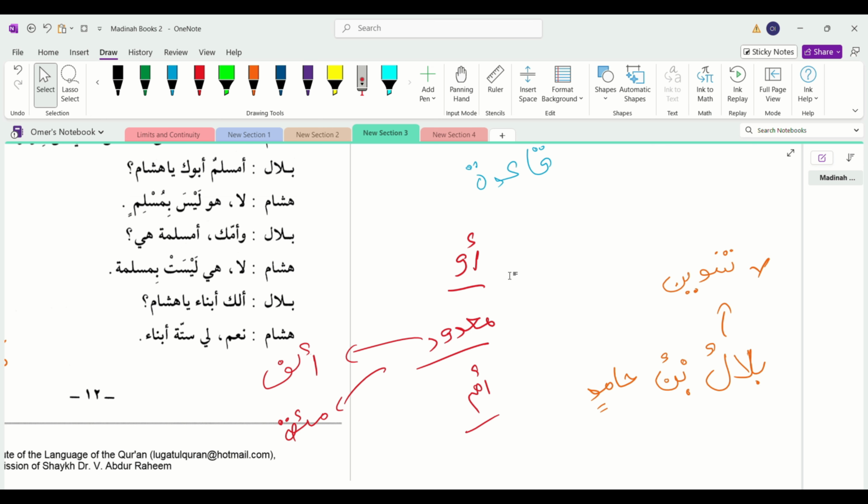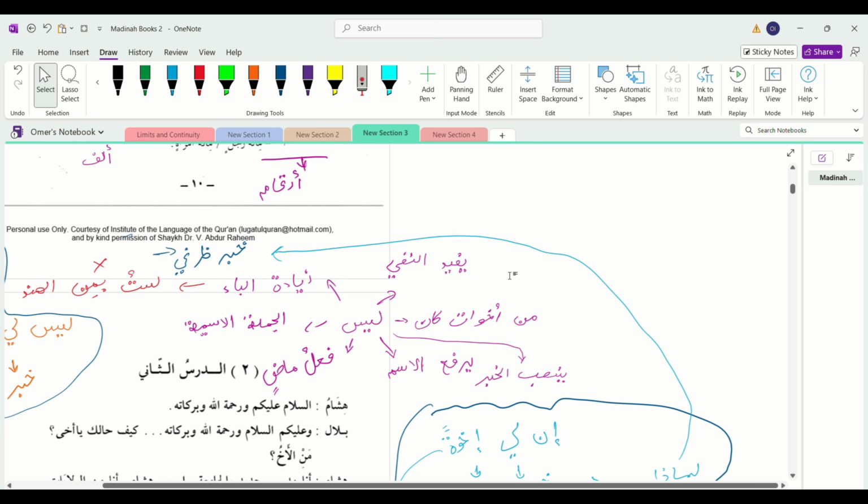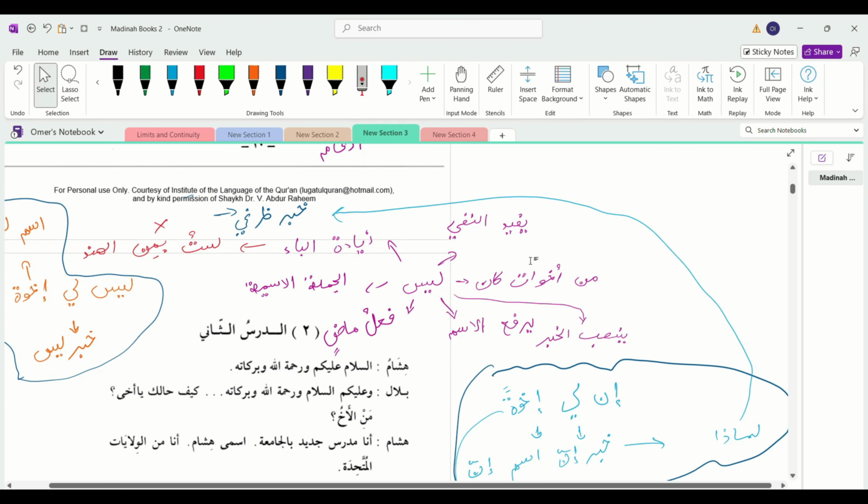So there was salathatu and salathu, but in alf and mi'a it remains the same. So on to Laysa. I'm going to tell you the rules of Laysa when we see it in the conversation.